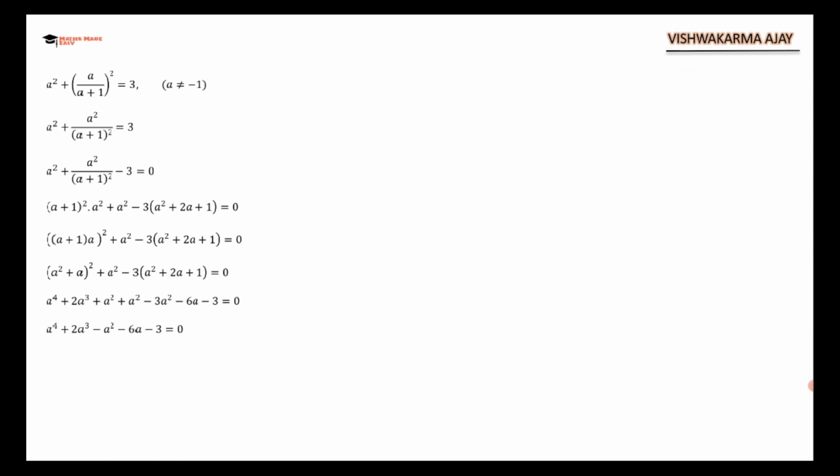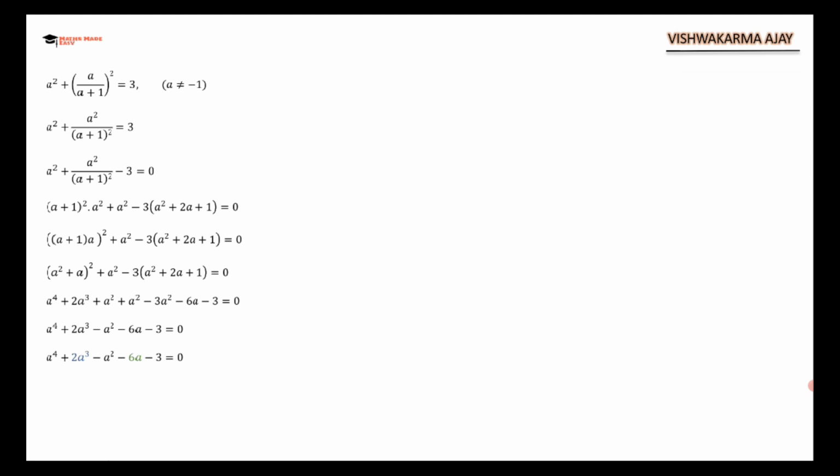Let's bring all the similar terms together: a to the power 4, 2a³, a² minus 3a², which I can write as minus a², minus 6a, minus 3 is equal to 0. Basically we have simplified this part: a to the power 4 plus 2a³ minus a² minus 6a minus 3 is equal to 0.